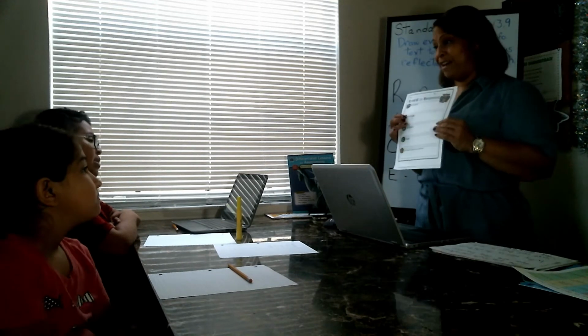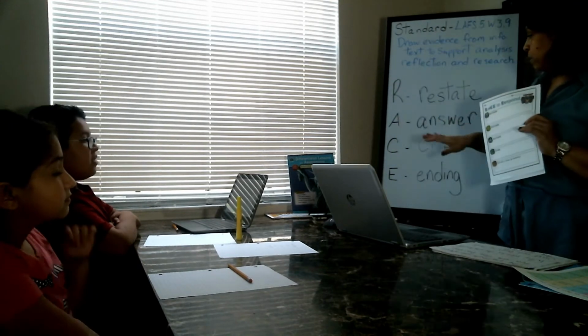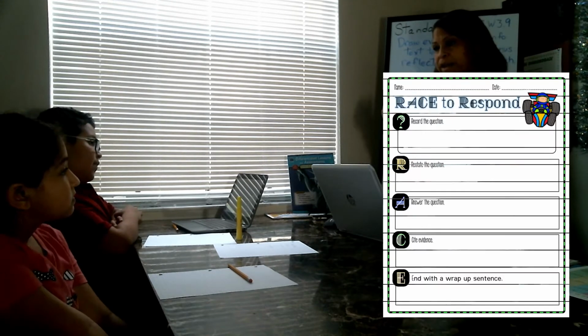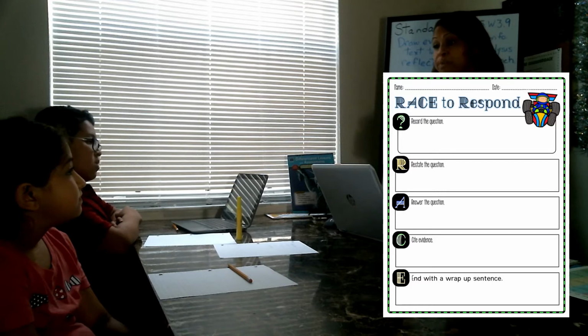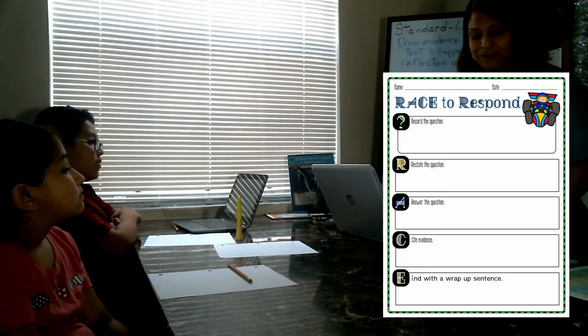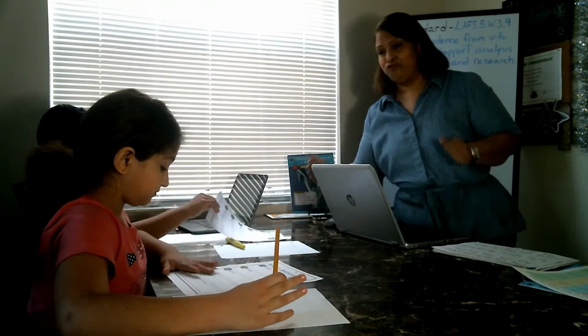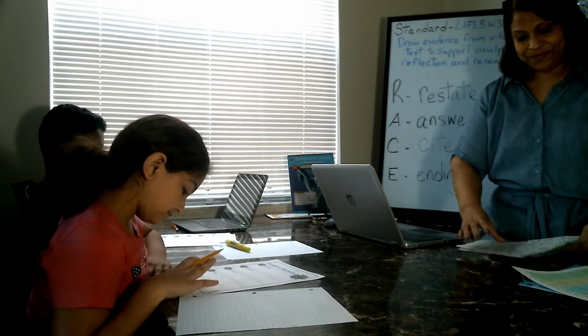But before we do that, I also want to present you with a graphic organizer. This graphic organizer has the RACE acronym on it, and it can help you organize your thoughts, plan out your response before you actually write your response. So go ahead and take a few minutes to look at this graphic organizer to help you race today.